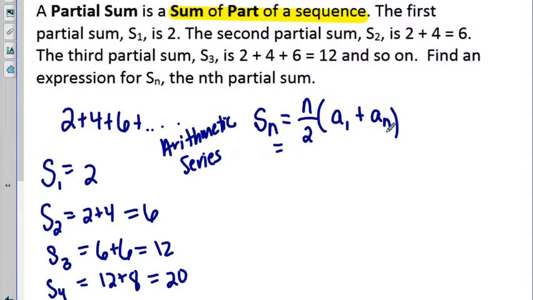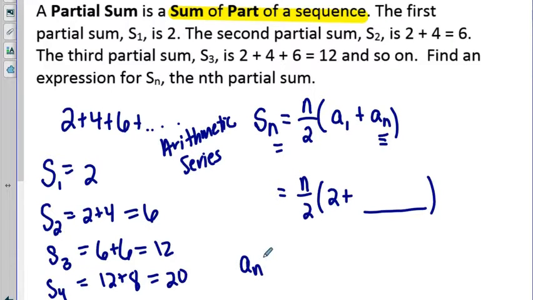So what we really need to do is find this formula because I don't know how many n's there are, that's the point. I know the first term is 2, but I need to find a formula for the arithmetic sequence that'll go there. So it is really just an equation of a line.